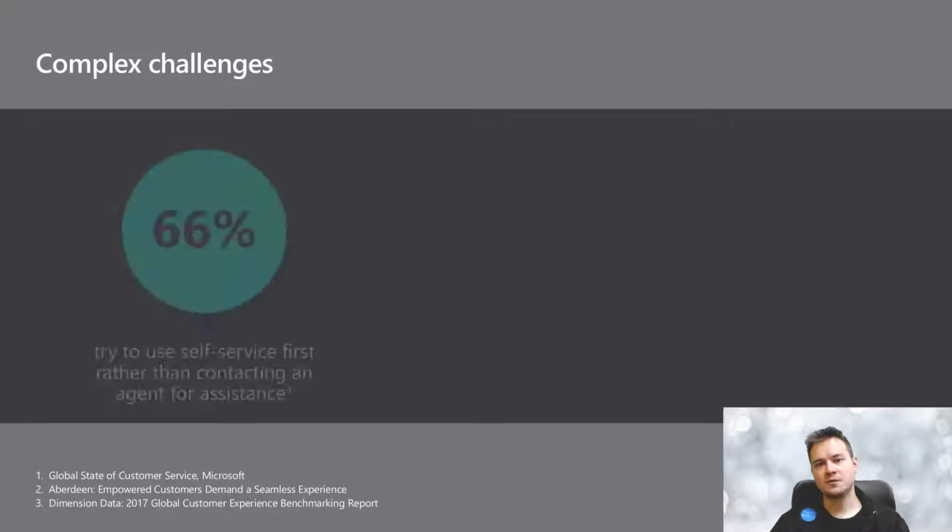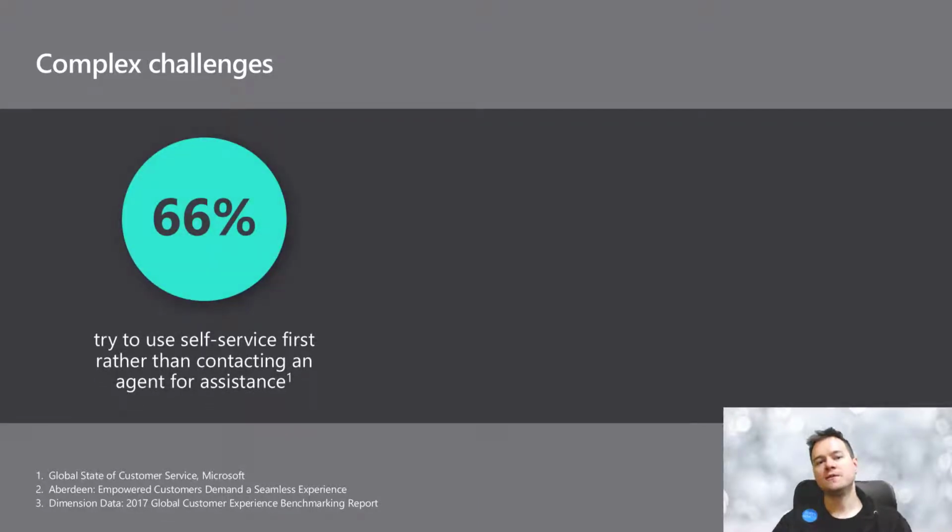The first one was that the majority of the customers who responded to the survey said that they try somehow to avoid face-to-face interaction with a human agent in the first place. We are more likely to choose a chatbot, an online form, an email, an automated phone call, whatever else, but not a human agent.